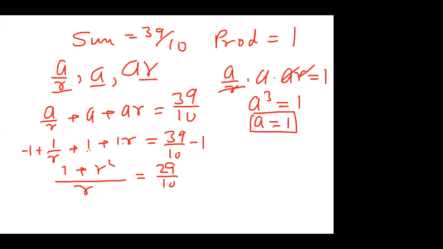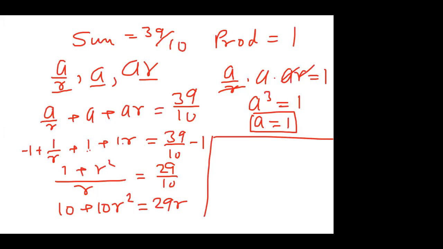So cross multiply: 10 plus 10 R square equals 29 R. Now this gives me a quadratic equation, 10 R square minus 29 R plus 10 equals 0. So a quadratic equation is ready.